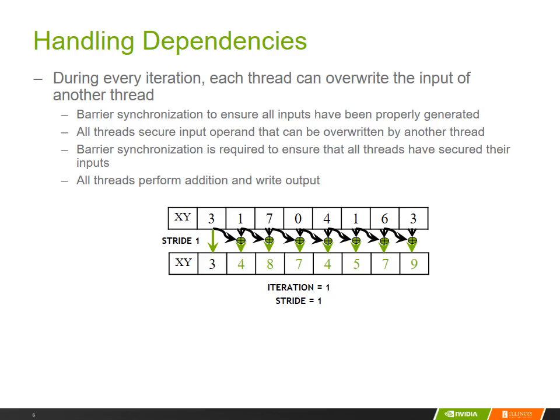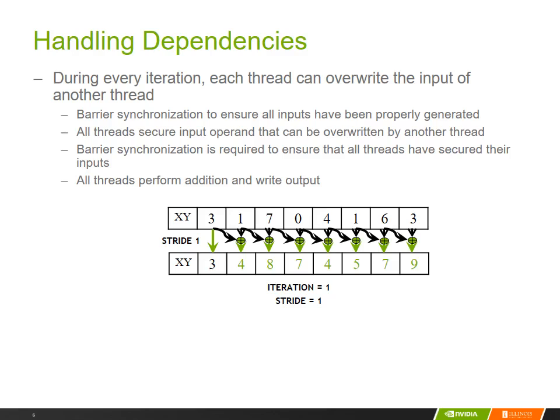If we look at the first iteration, thread 1 is going to be adding value 3 to its own position of value 1 and generate value 4. And keep in mind that thread 2 will actually need to have its input value from the thread 1 position. It's adding that 1 value to the 7 value to generate 8.